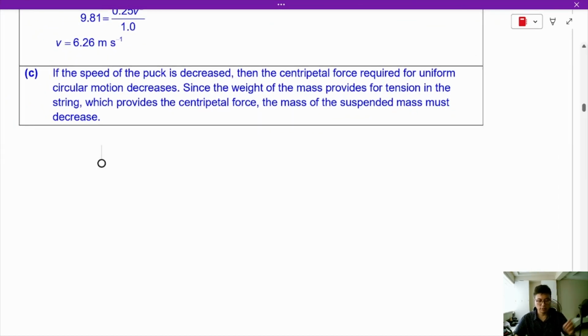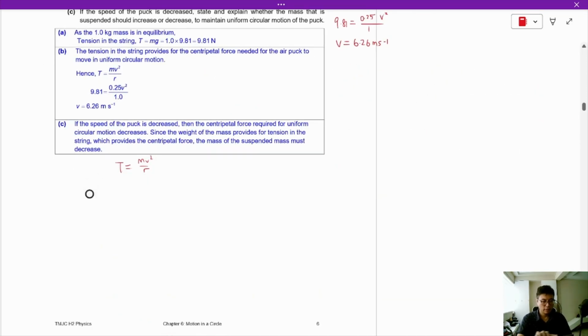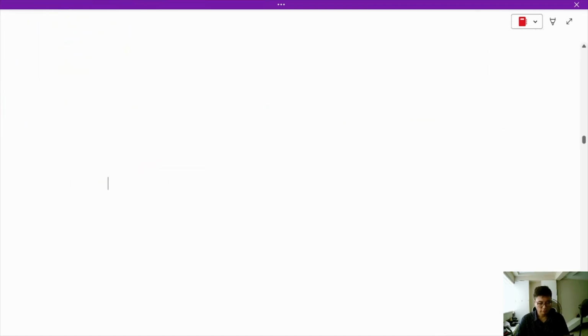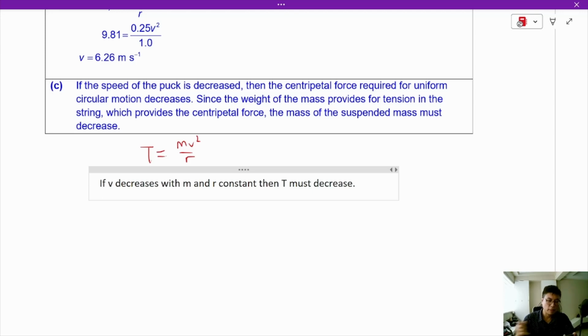So here's the logic. Since the tension provides centripetal force, if v decreases with m and r remaining constant, then the tension must also decrease. So this is for the puck.